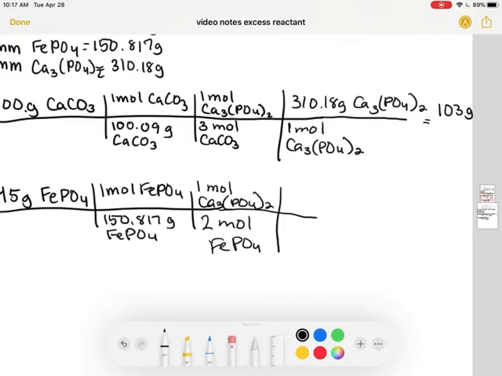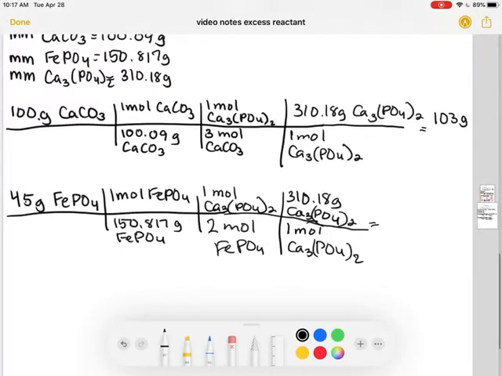Okay, and again, this last step is going to be the same, 310.18 grams of Ca3(PO4)2 in 1 mole of Ca3(PO4)2. Okay, and this number here, 45, has 2 sig figs, so the answer here is going to be to 2 sig figs, and drum roll please, 46 grams can be made.